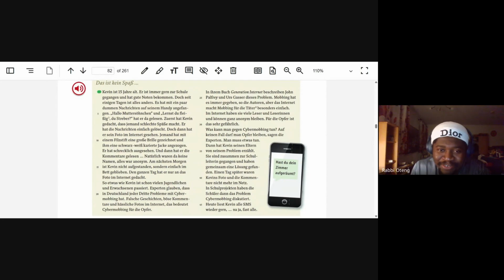This is problem, okay, so they describe this problem, because the direct object is this problem. Mobben hat es immer gegeben. So es gibt is what there is. So it has been there, like it has been there. Okay, es hat gegeben, or es gab, it was given, like it has been there.